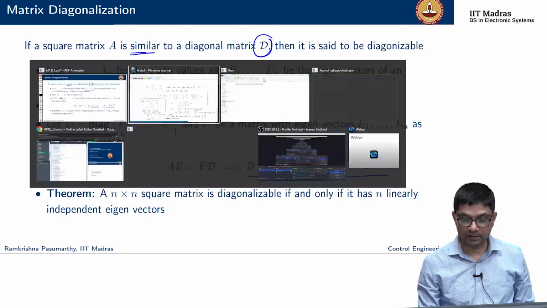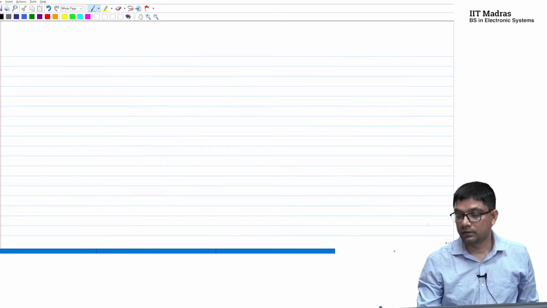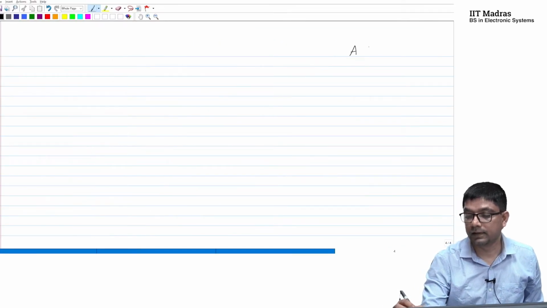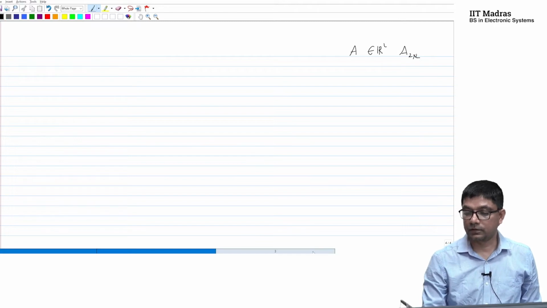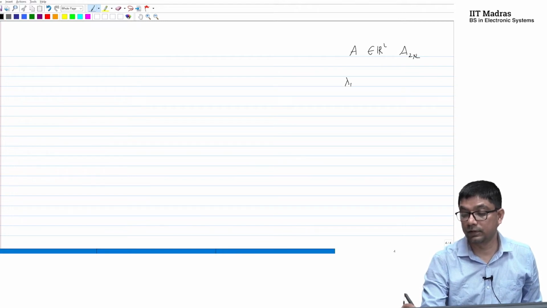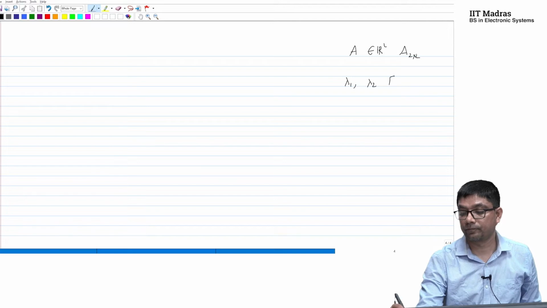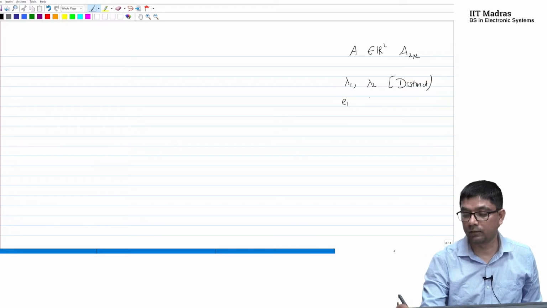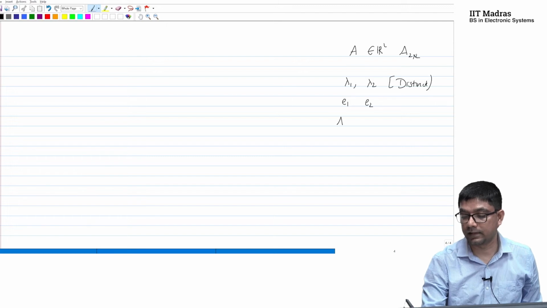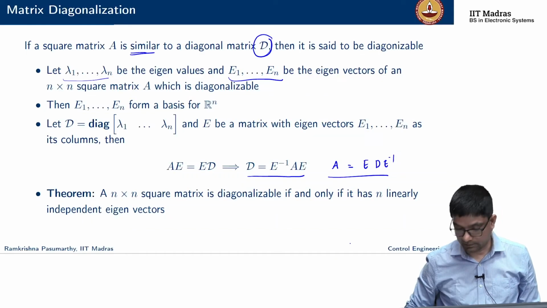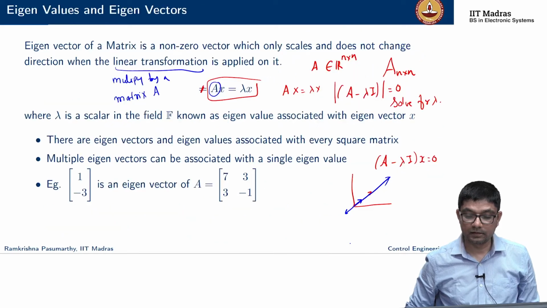Okay, let me quickly explain what this means. I have a matrix A, let's say just a 2 cross 2 matrix. Suppose I have two distinct eigenvalues, and each of them gives me an eigenvector, E1 and E2, which are related in such a way that, what's the formula that relates eigenvalues and eigenvectors?